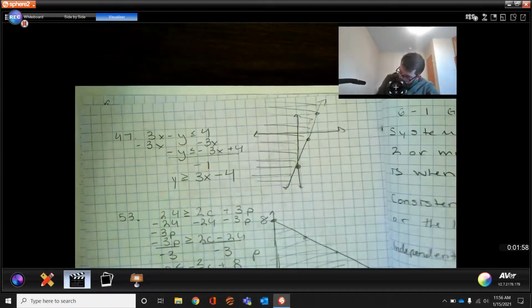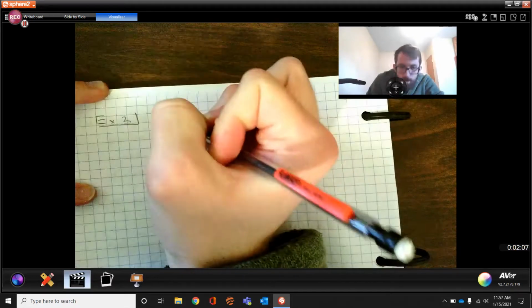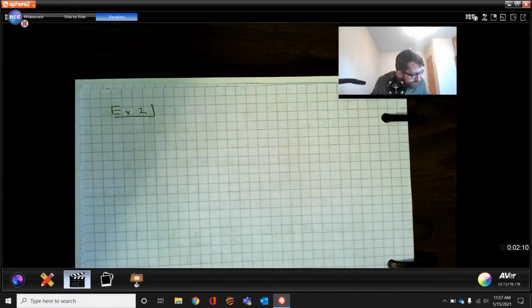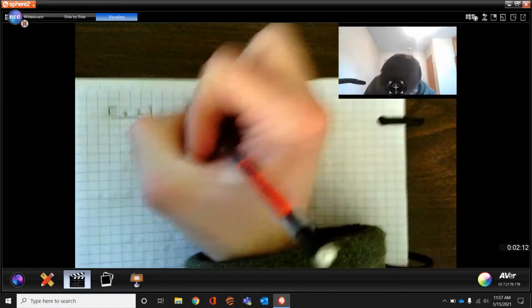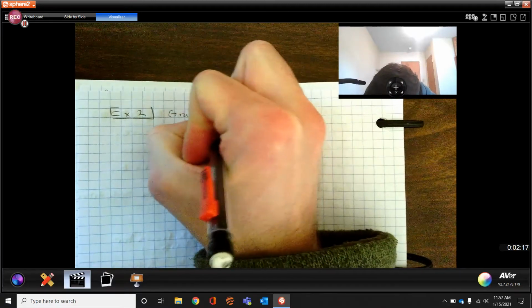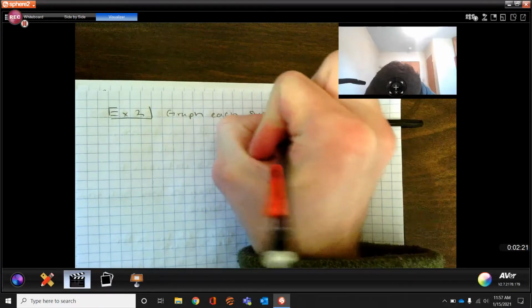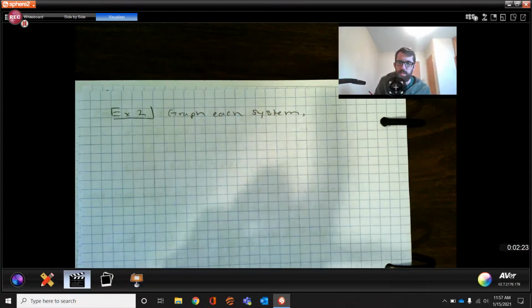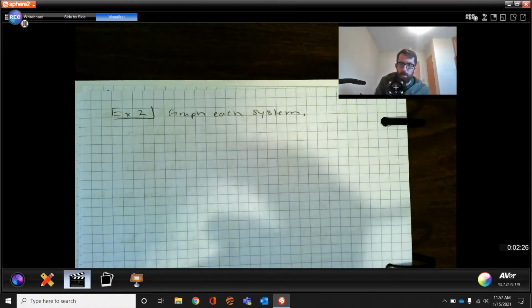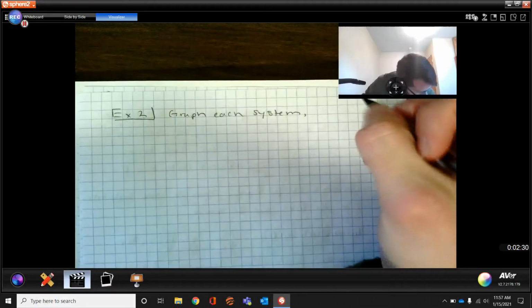So we left off with example 1 yesterday, so here we are going to do example 2. Graph each system. And remember, yesterday in the example, we graphed them, whereas in the homework you were just given the graphs. Graph each system.